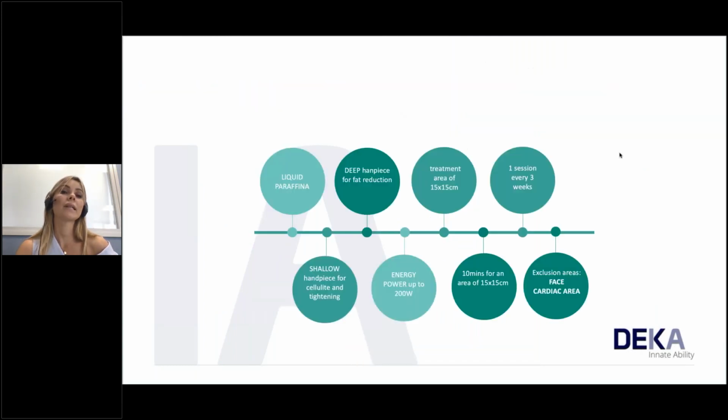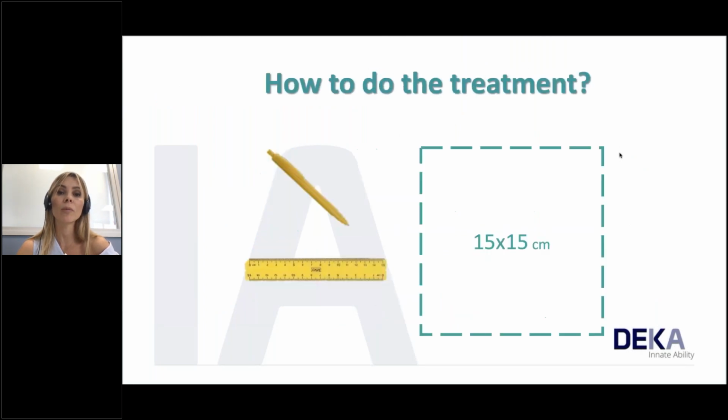Well, the treatment is pretty simple to perform. It's really important to draw the area to treat at the beginning and to select the area in the correct way. Because what is important, I want to remind you, is that the area around our 15 by 15 square will improve.